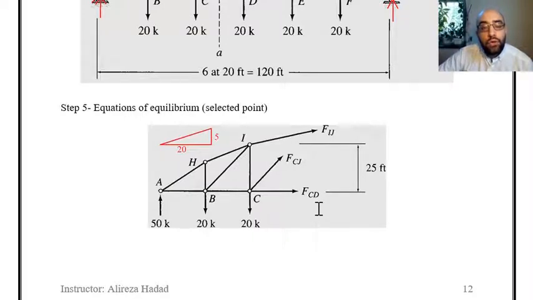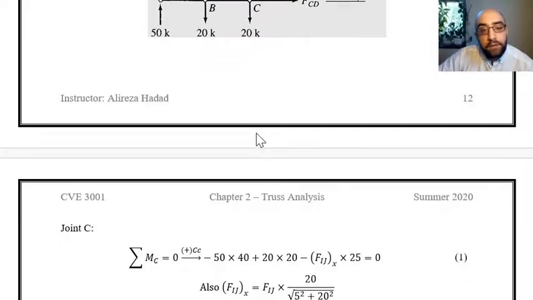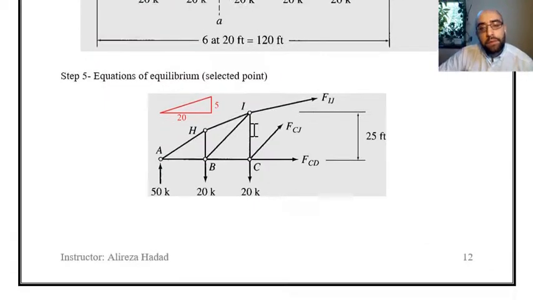So I'm going to write the equations of equilibrium for just this portion of the truss. As you can see, we can write the summation of forces in X, but since I have 3 unknowns, it is not going to help me. I can write the summation of forces in vertical direction.